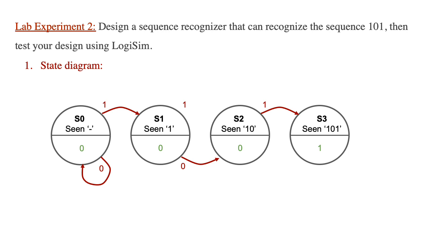I'm going to write them here. We'll have 1 1. We're going to repeat what we've done earlier. We'll check if there is any state that says seen 1 1. No, nothing, right? So we're going to erase the oldest bit, and we'll check if there is any state that says seen 1. Yes, that is state 1. So that means we're going to go back to state 1 if we receive a 1.